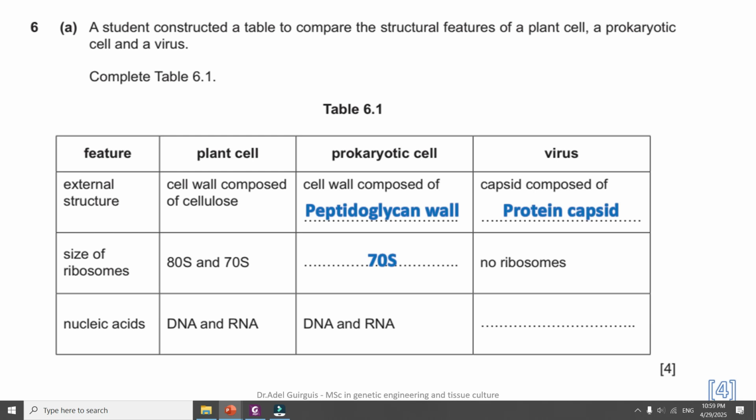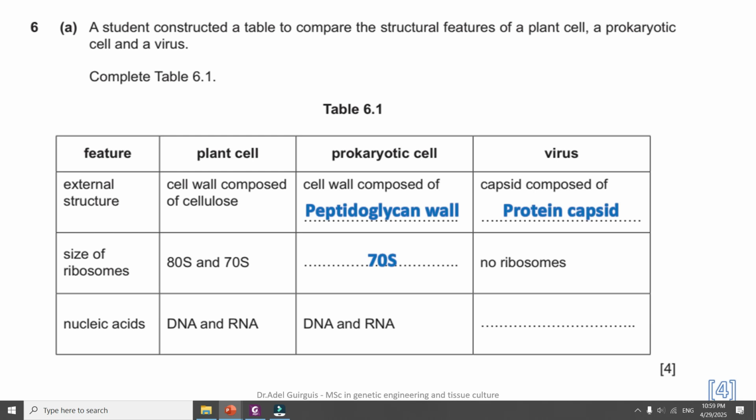Prokaryotic cell, the size of ribosome is 70S, like those found in chloroplast and mitochondria. Virus has no organelles, no ribosomes, no nucleus, no endoplasmic reticulum, no Golgi apparatus, nothing.